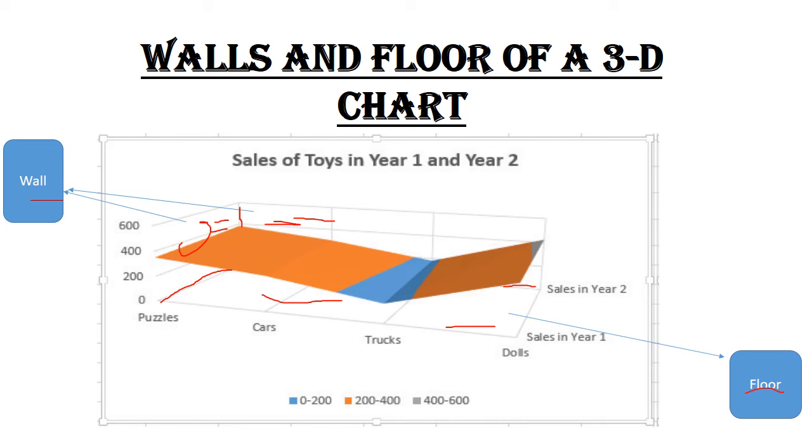Now the side areas, let me put the cursor properly. This area and this area are called wall, and this bottom area, the base area, is called floor. Okay, dear children, I think you understand these two components in a 3D chart.